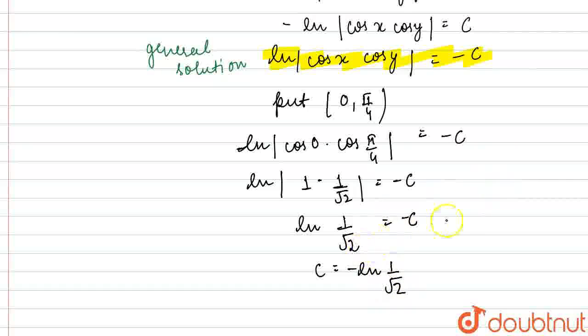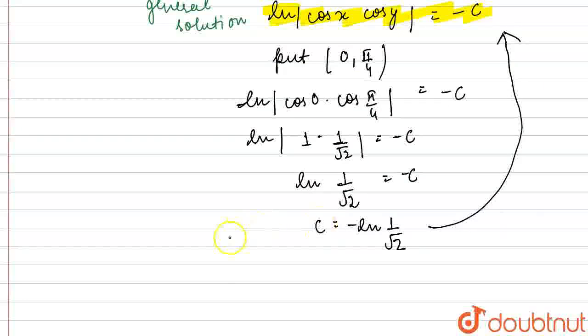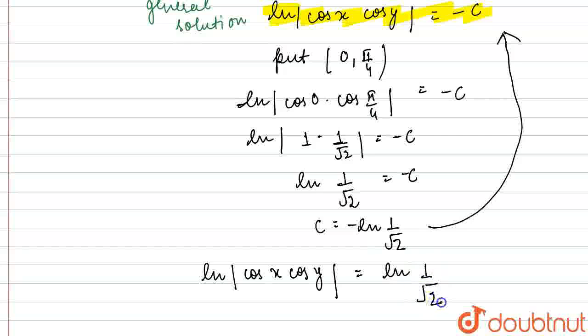Now we can just put this value of the constant in the given general solution to get the particular solution. So ln mod of cos x into cos y is equal to minus c, which means minus of minus ln 1 by root 2, so it will become ln 1 by root 2.